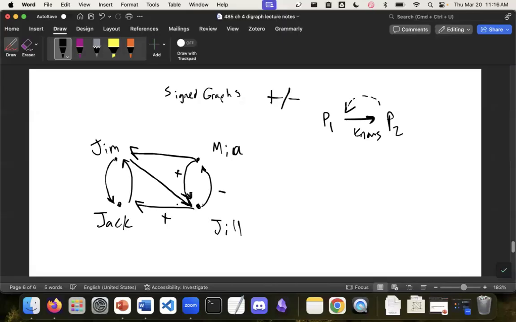And we can do that going through the graph. I think that's the only negative one in this graph. Let's make this negative just for fun. Let's say Jim does not like Jill. So we can go through the graph and say that Mia has a positive relationship with Jim, who doesn't have a positive relationship with Jill, and so on.